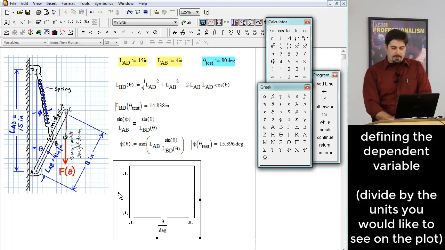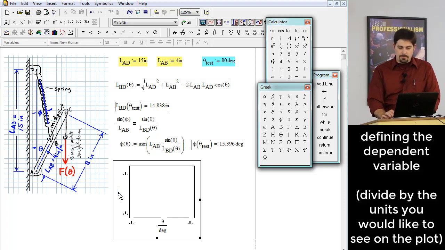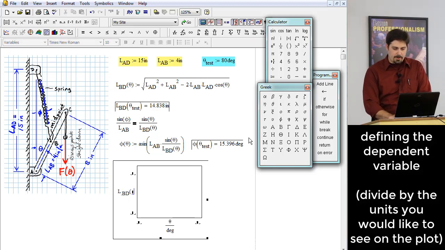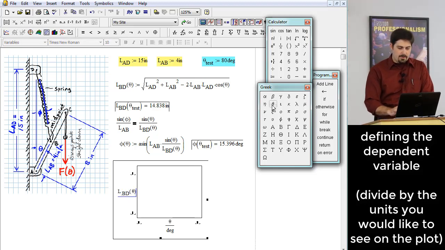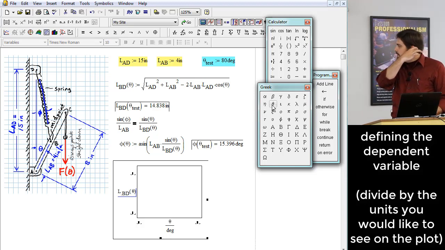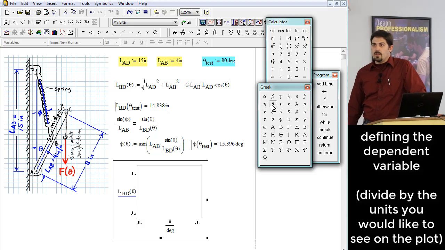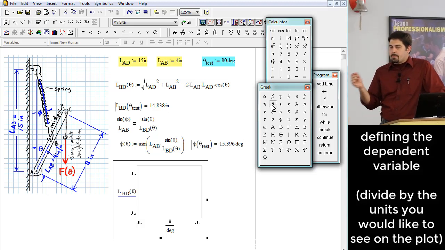What do you think you put up here? Your function. I'll put in LBD as a function of theta. If I just leave it like that, what do you think is going to show up? What it typically does is it goes back to the default units for length that are built into this sheet.